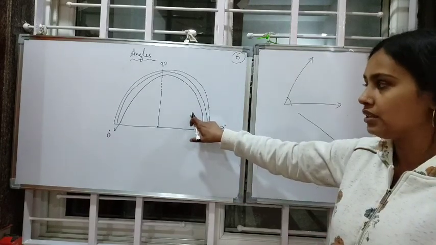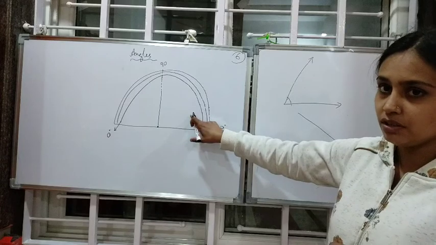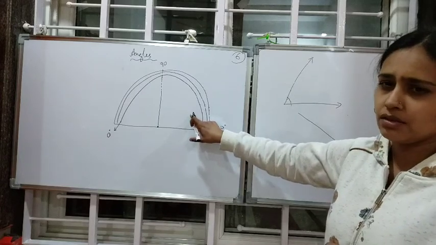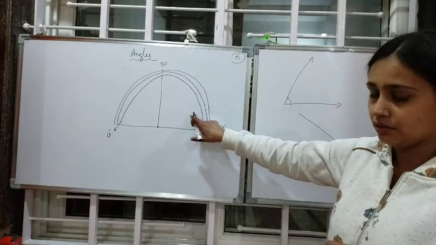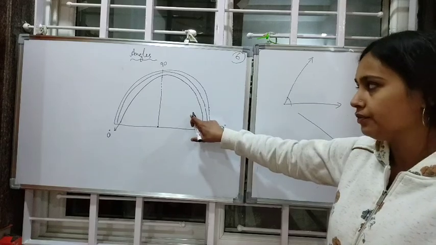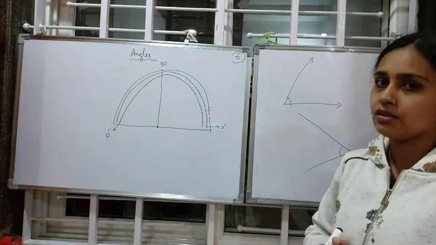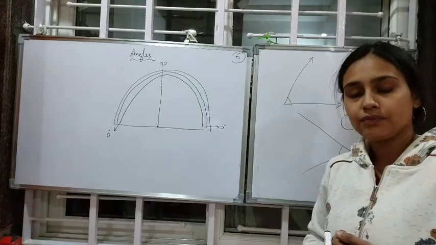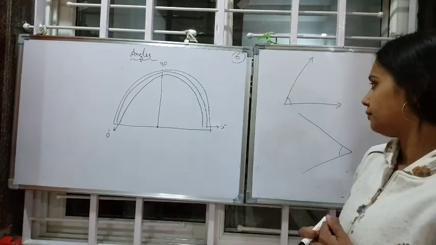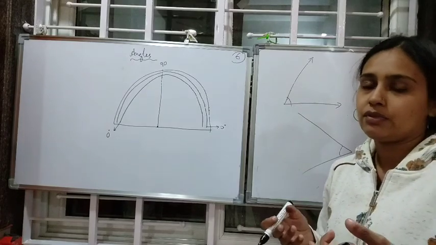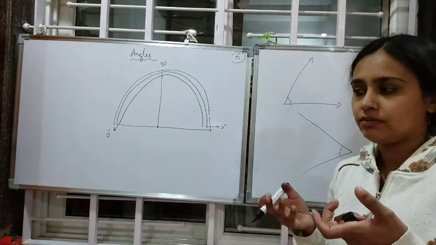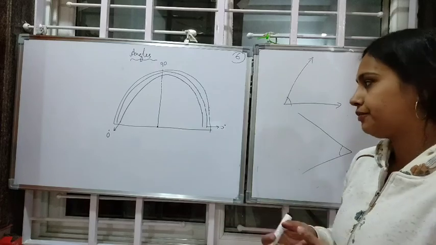We need an instrument which is a protractor. This is just a rough figure of the protractor, children. It is in the shape of a semicircle, which is present in a geometry box or geometrical kit.